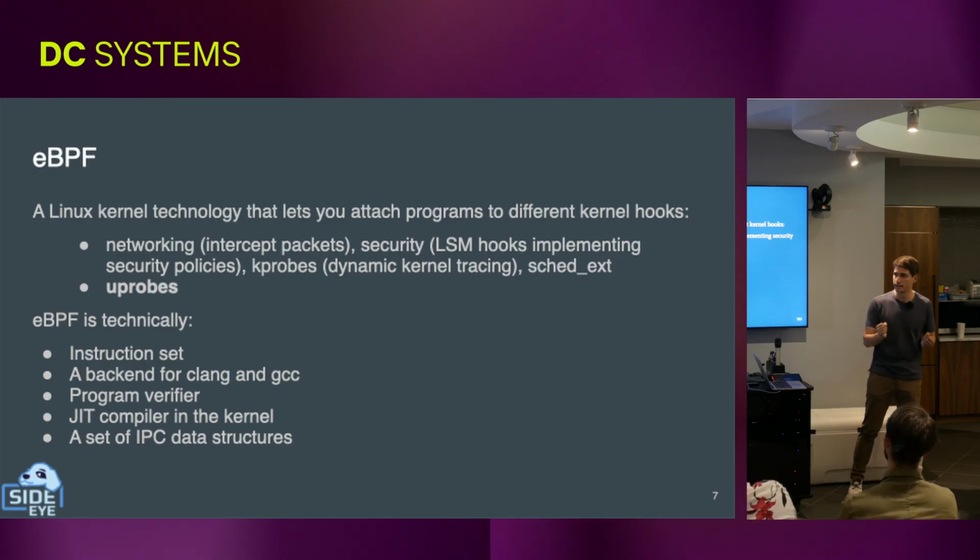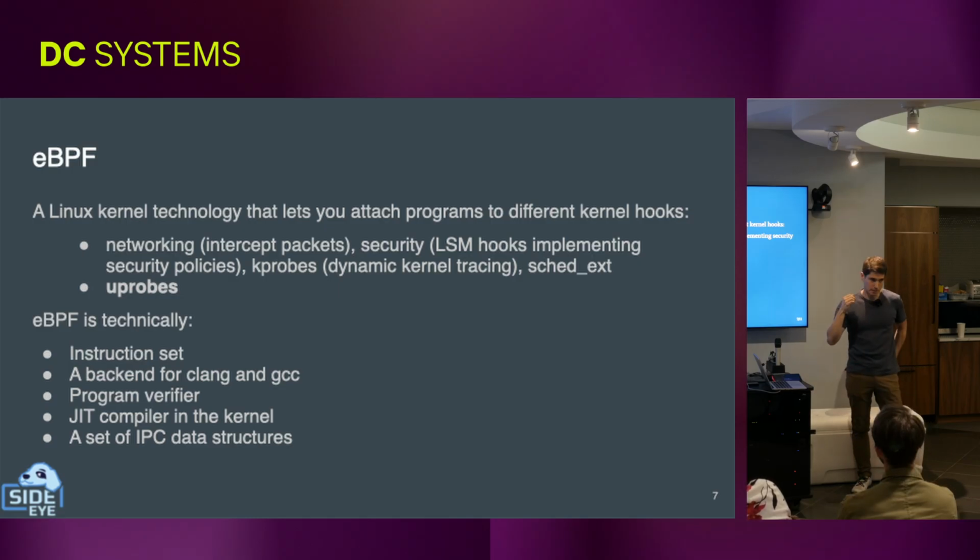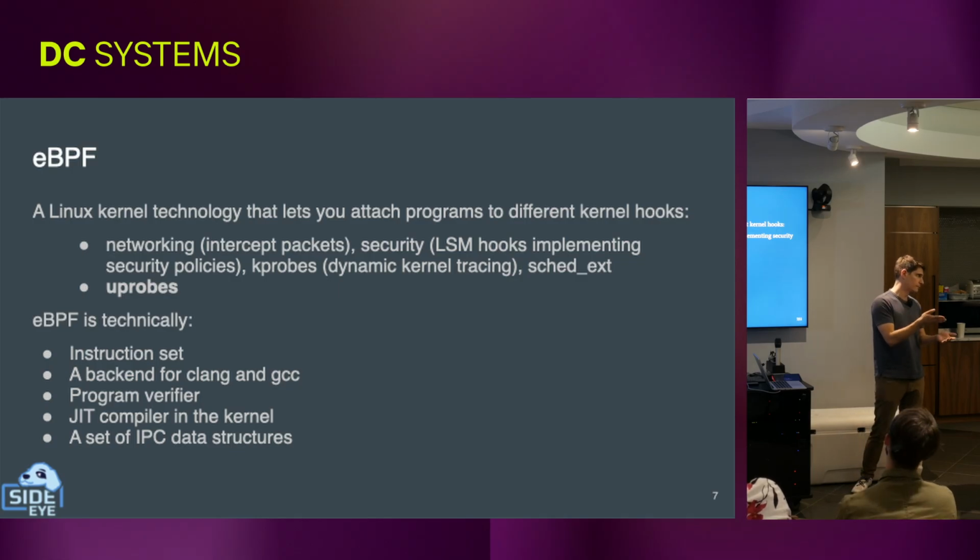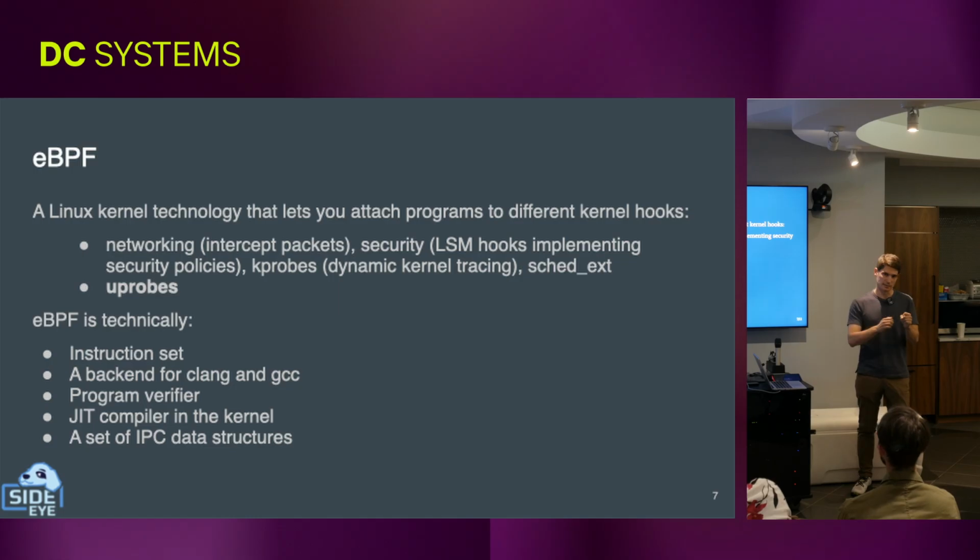But what is it? Well, it's a combination of a few things, right? First of all, it's an instruction set and a backend for Clang and GCC. So you can ask Clang to compile your C program to eBPF. And then it's a verifier, a static verifier for programs in the kernel. So when you hand a BPF program to the kernel, it actually verifies that the program is safe, meaning it does not perform any out-of-bounds memory accesses or dereference bad pointers.